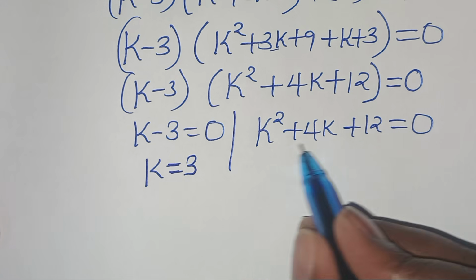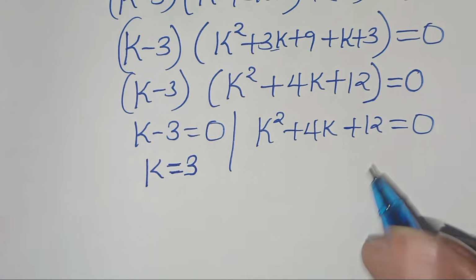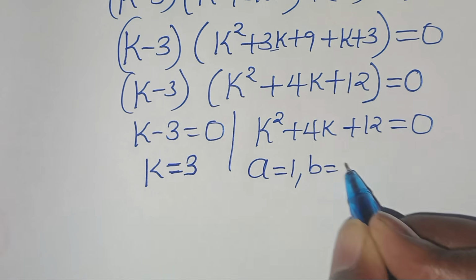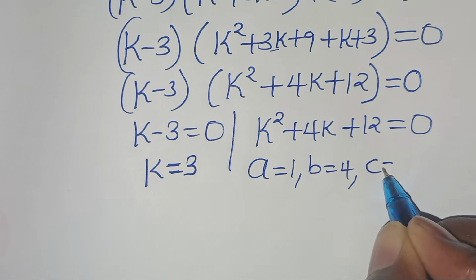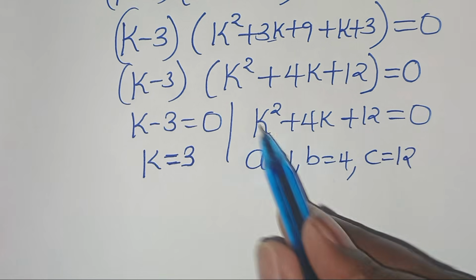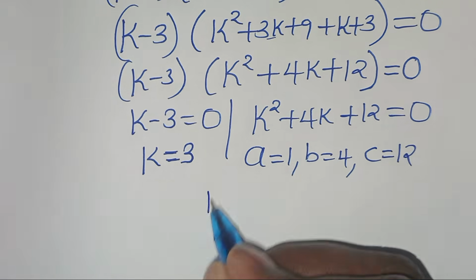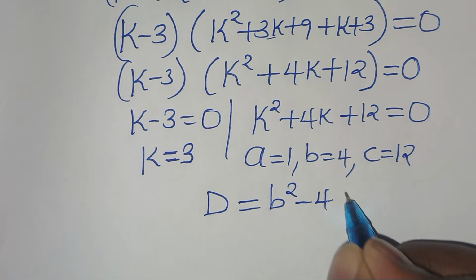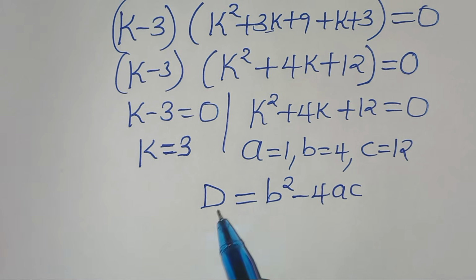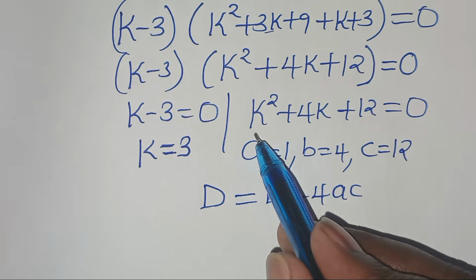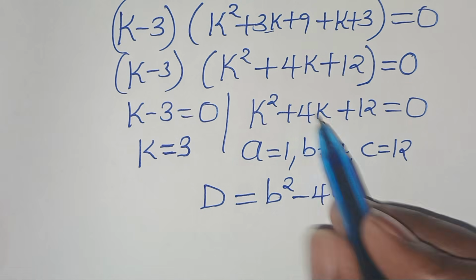Now the next part here, this is a quadratic equation where we have A is equal to 1, B is equal to 4, and C is equal to 12. Let's assess the nature of the roots of this quadratic equation by determining the discriminant value, which is B squared minus 4AC. If the discriminant value is less than 0, that means the roots of this quadratic equation are complex roots.